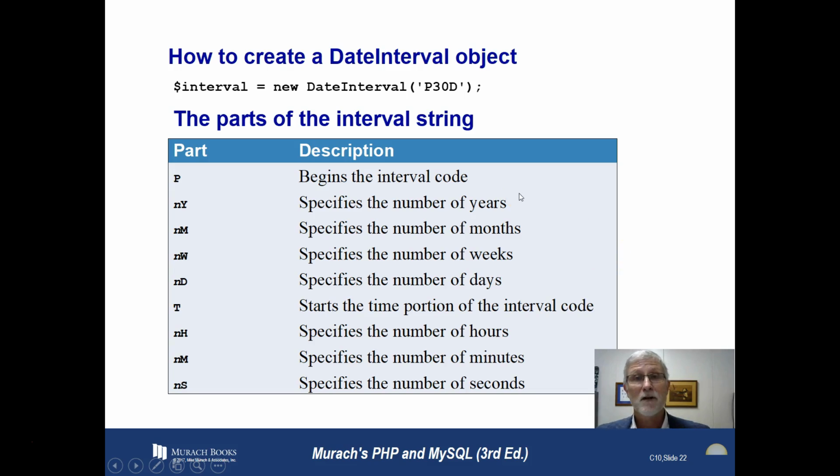Now, how do you create an interval? Here P begins the interval, and I'm going to go 30 days. So I'm giving you a number and a code. Here I've got my beginning, my interval, 30 days.